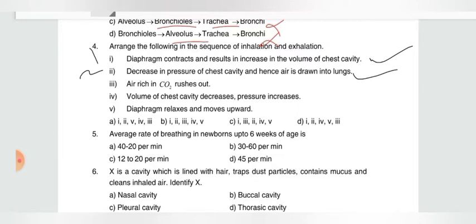Then what will happen? The diaphragm will relax and move upwards. Then volume decreases, pressure increases, and air will rush out. So the answer is 1, 2, 5, 4, 3, which is option A.